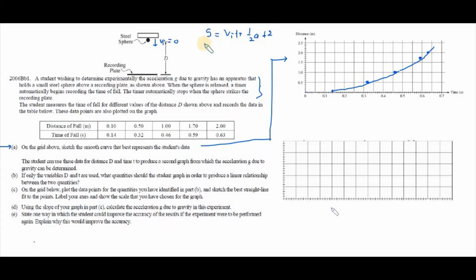Now the vertical distance traveled here is equal to d. The initial velocity is 0 since it is just dropped from the upper plate, so d equals half times acceleration times t squared.